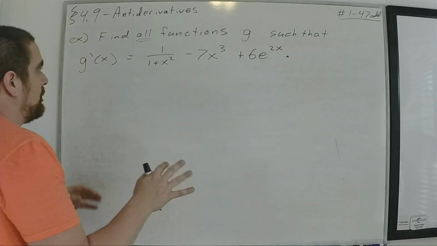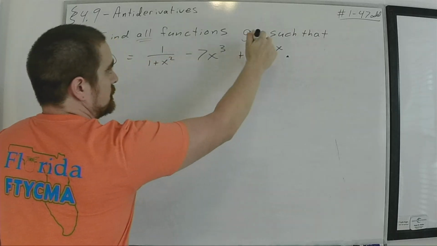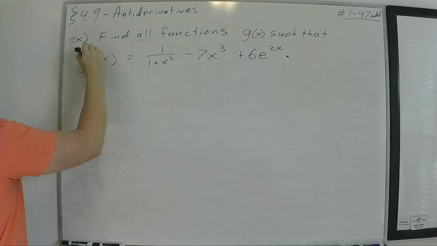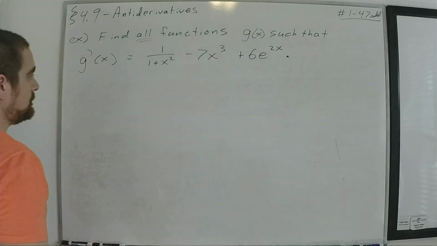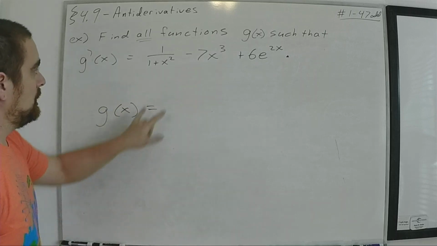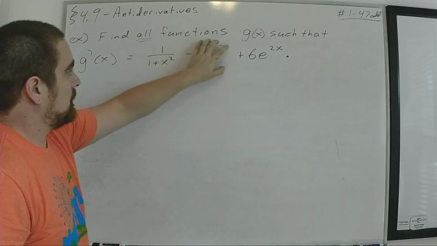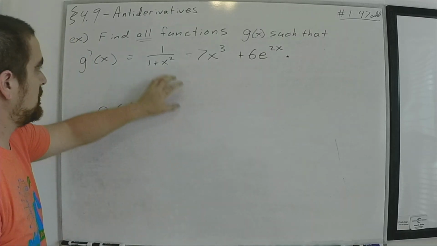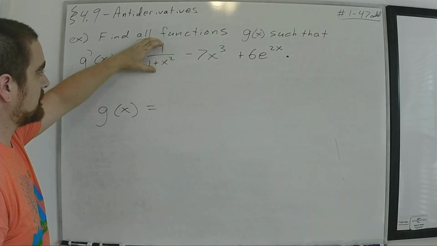What function out there? We want to find all functions g of x such that their derivative looks exactly like this. Well, we still do have this term by term situation where if I differentiate something, I should get 1 over 1 plus x squared.